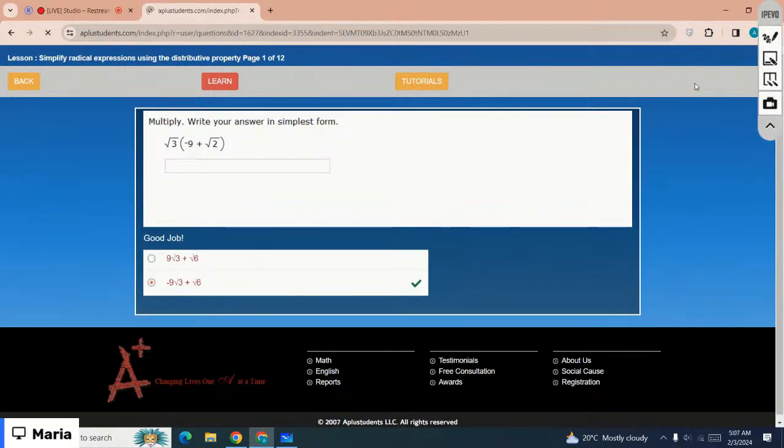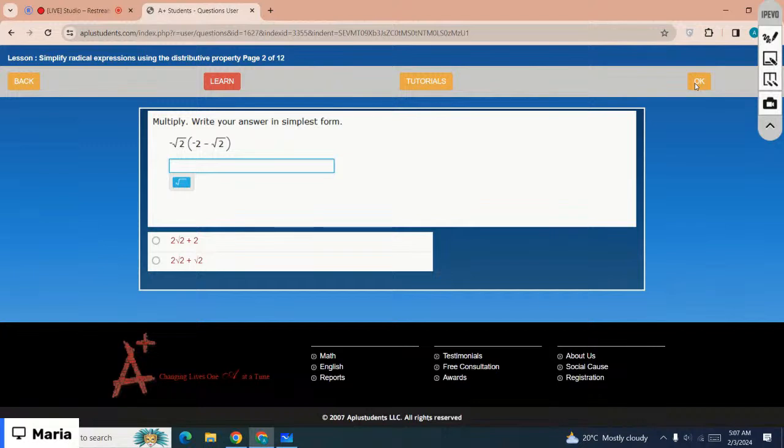The next one is multiply negative square root 2 times negative 2 minus square root 2. So which is the correct option?